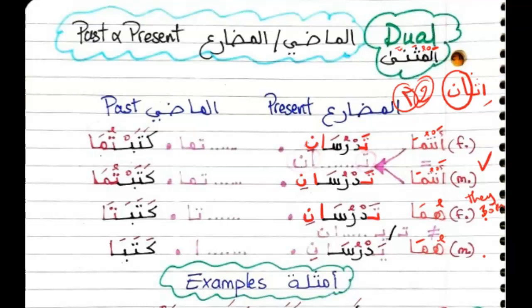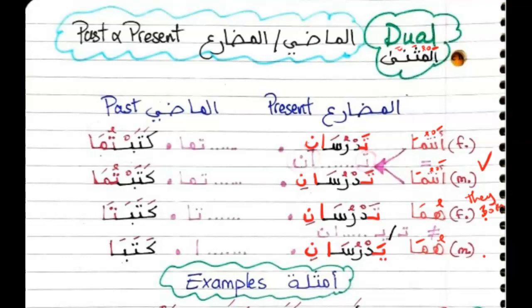And then they, masculine, has a ya. And then they also have alif and nun. Alif and nun would remind you of number 2 in Arabic, which is ithnan.